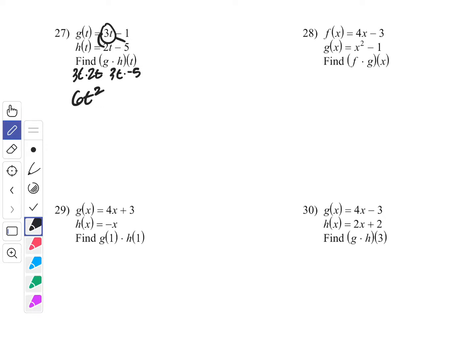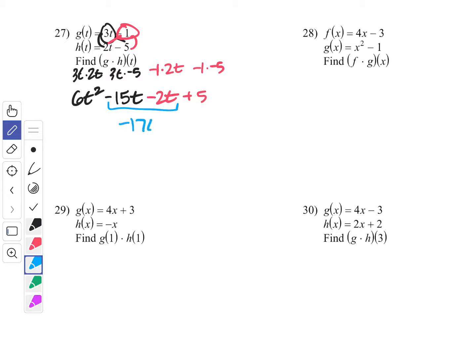Sometimes it's really good to write it out so you remember which ones you're actually dealing with. And negative 1 times 2t, which would be negative 2t. And negative 1 times negative 5, which would be positive 5. Then combine the like terms to get 6t squared minus 17t plus 5.